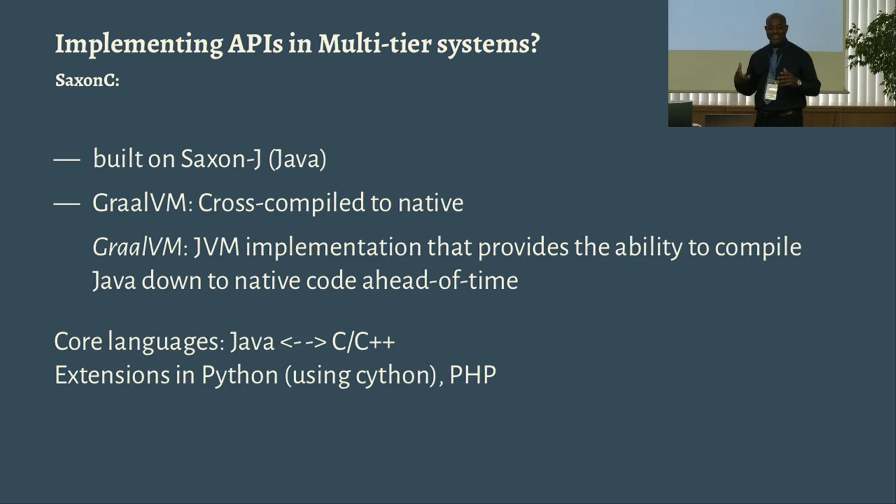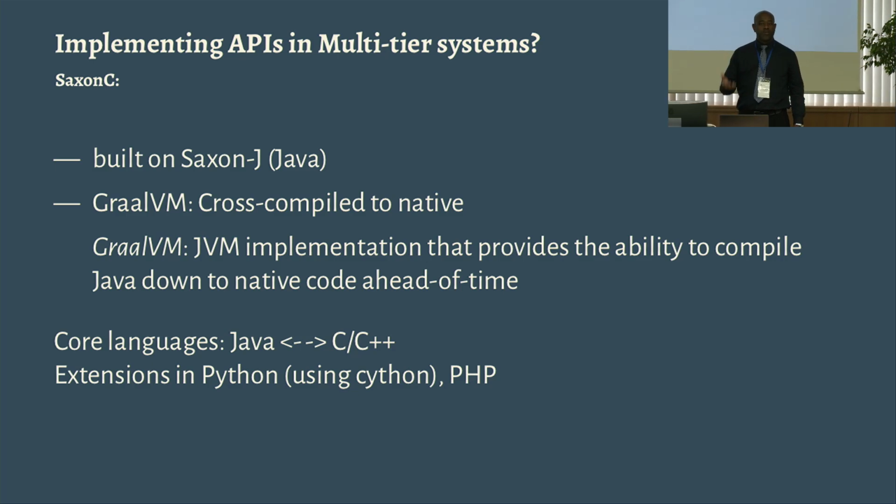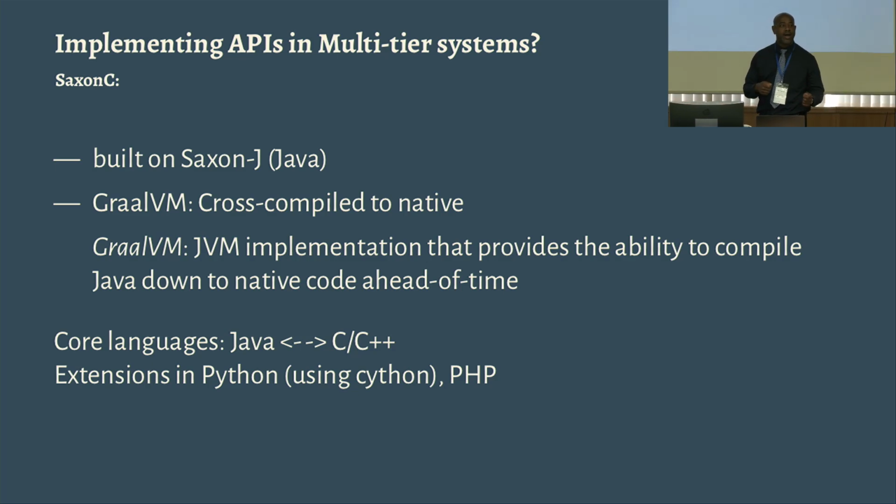Saxon C is exactly that, because it's built upon the Saxon Java product, using GraalVM to cross-compile it to a native library. GraalVM is a JVM implementation that provides the ability to compile the Java code right down to its native representation.